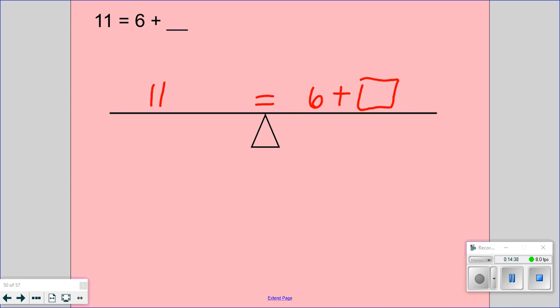What's happening on this side? That one has 11. What's happening on this side? That one also has 11. Yeah, 6 and 5, they don't look like 11, do they? They don't taste like 11. They don't smell like 11. But they have the same value. 11 is worth the same amount as 6 and 5.